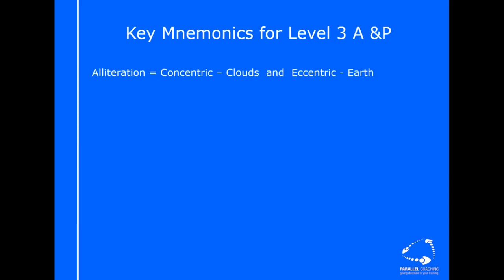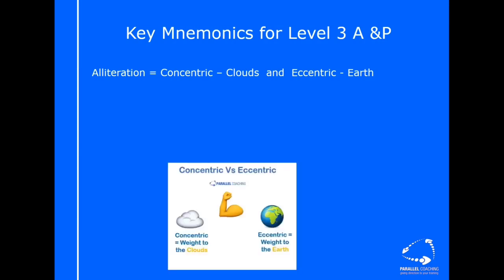Okay, so here's an example of alliteration that you can use. Alliteration is when the first two letters are the same. This example is to do with the concentric and eccentric phases of an action. For example, you could be doing a bicep curl or a squat, whatever exercise you're doing, it has both a concentric phase and an eccentric phase.